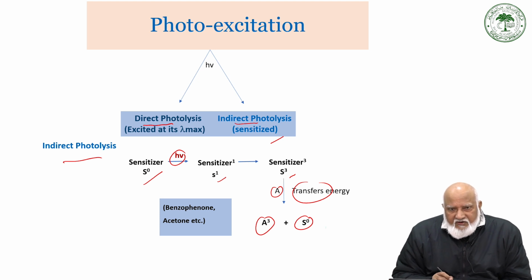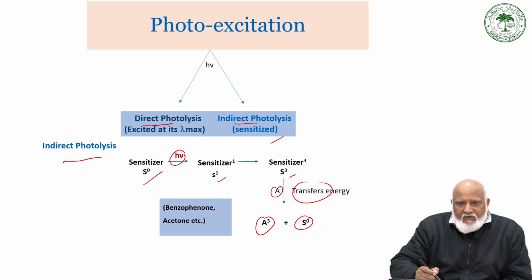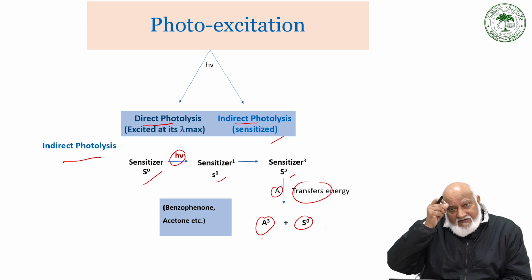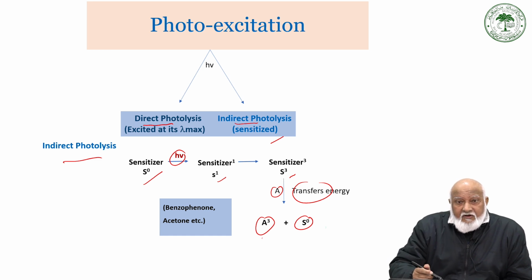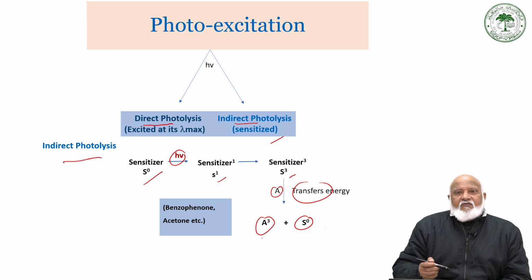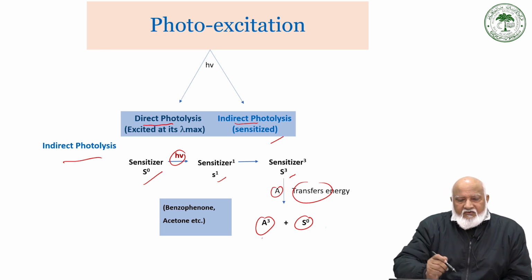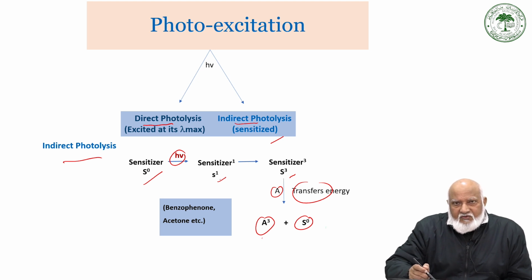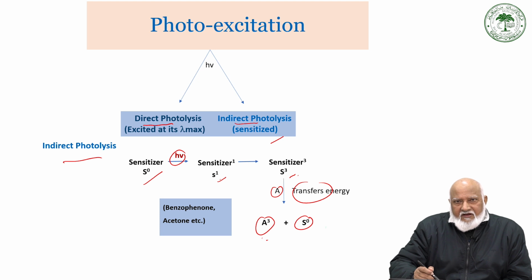So in other words, molecule A has gone to an excited state not directly via absorption of light, but via a second molecule known as a sensitizer, which on absorption of light goes to an excited singlet state, and then to a triplet state, transfers energy to bring A to the excited state, and the sensitizer returns to the ground state.